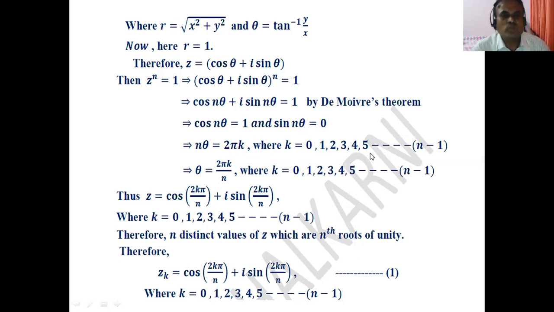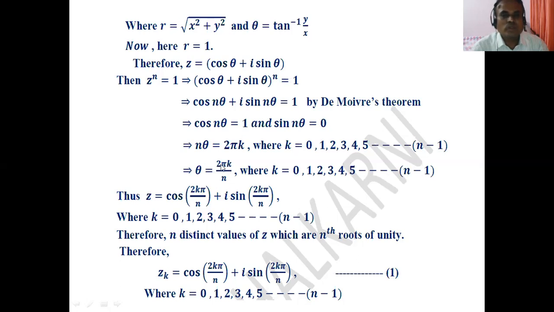So for these n values the condition is satisfied, meaning cosine value 1 and sine value 0. Therefore n theta equals 2 pi k, and theta equals 2 pi k upon n, where k equals 0, 1, 2, 3, 4, 5 up to n minus 1.